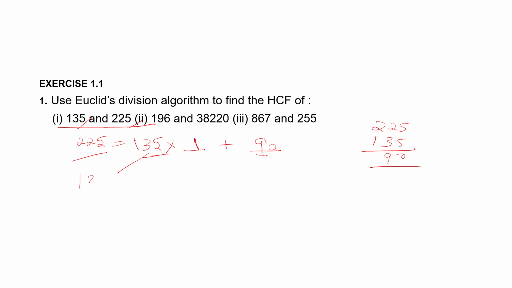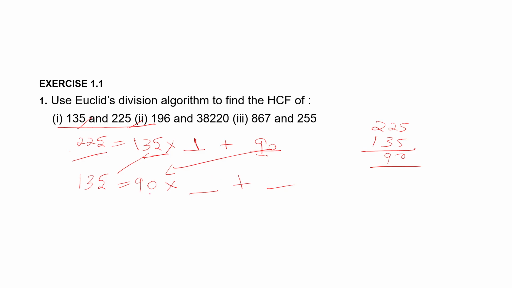We have to proceed again with B as well as R. So why do we have to proceed? In order to find the HCF, that is the method of Euclid's division algorithm. We have to proceed till we get 0, then only we can arrive at our HCF.